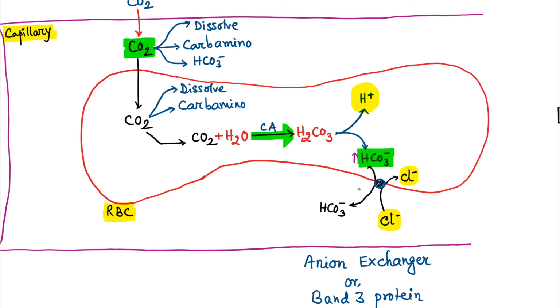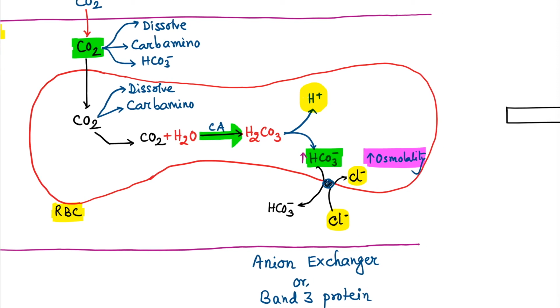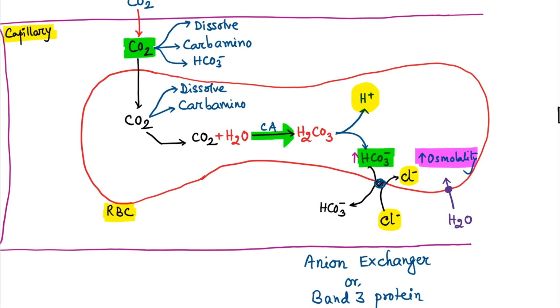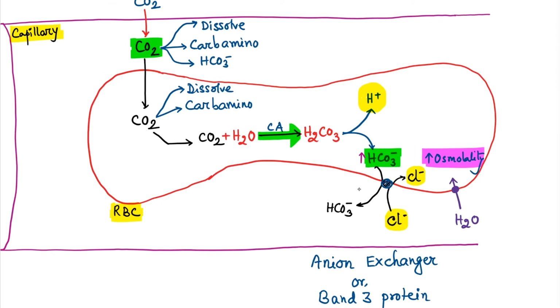Due to increase in the chloride content, the osmolality of RBC also increases. Now, whenever the osmolality of the RBC is high, we all know what is going to happen. That is, entry of water from plasma to RBC. This is nothing but osmosis of water from low solute concentration of plasma to the high solute concentration of RBC.